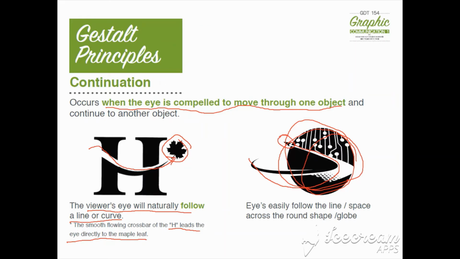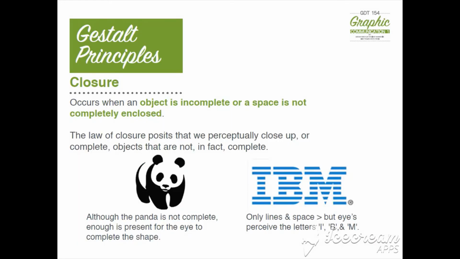Closure. Closure occurs when an object is incomplete or a space is not completely enclosed. The law of closure posits that we perceptually close up or complete objects that are not, in fact, complete.